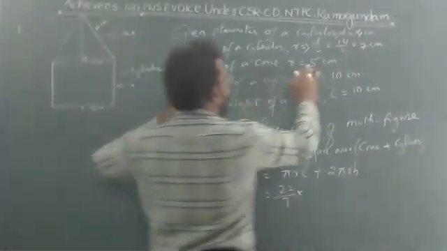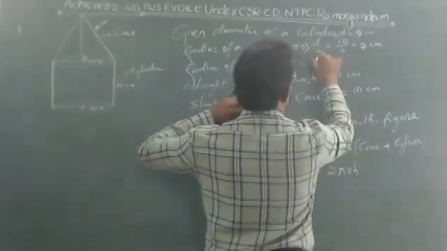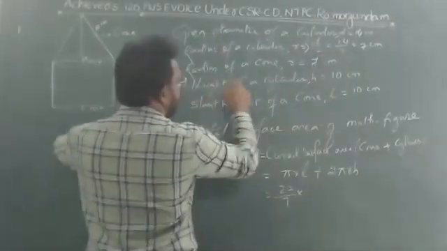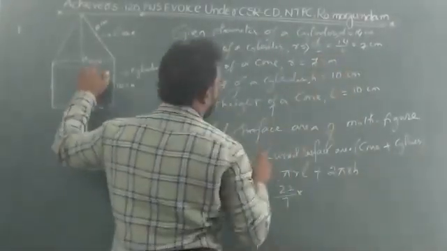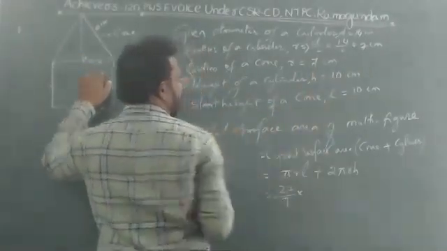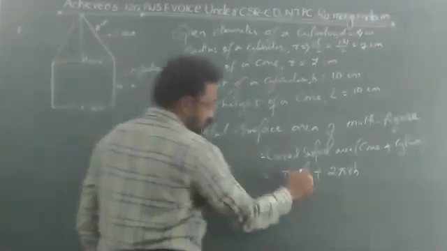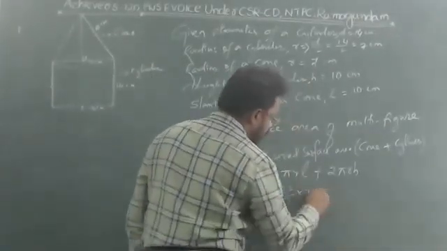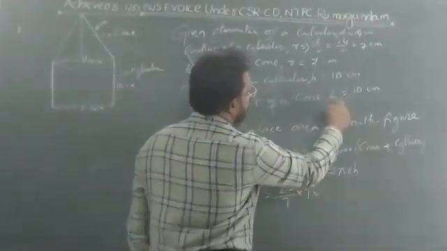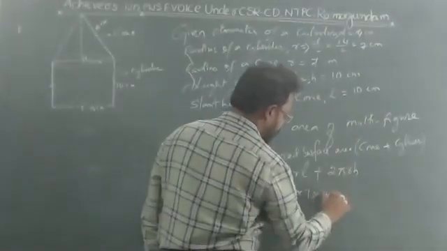Here also you will get 7 centimeters. Height of the cylinder, 10. Slant height, 10. Now 14/2 is 7 centimeters. R is equal to 7. L is equal to 10.